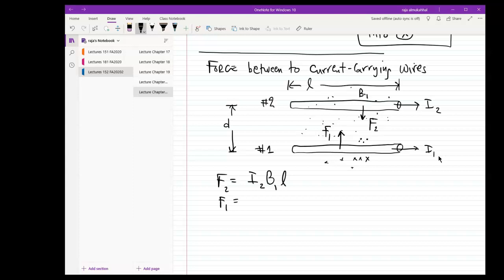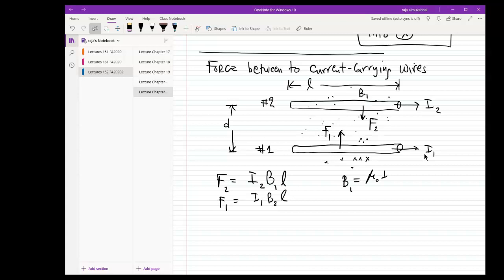equal to I1 B2 L. Now one more thing. Going back to the current I1, if I use Ampere's law because I want to find the magnitude of B1, Ampere's law says what?